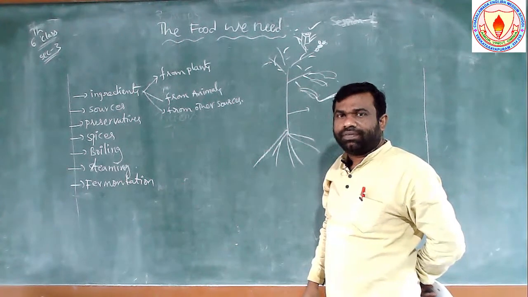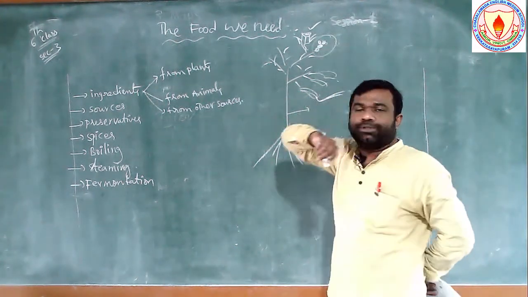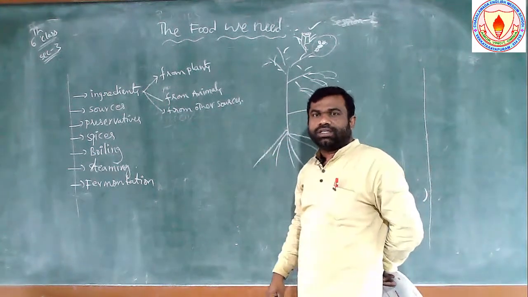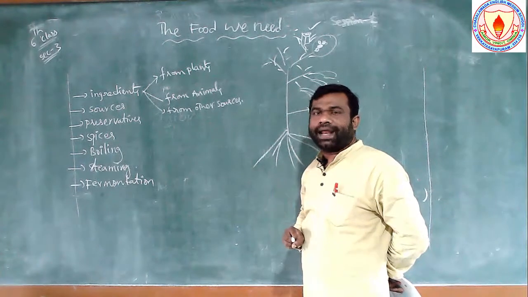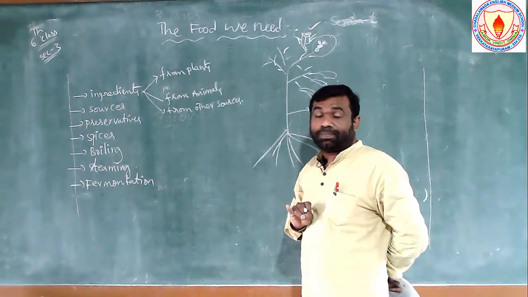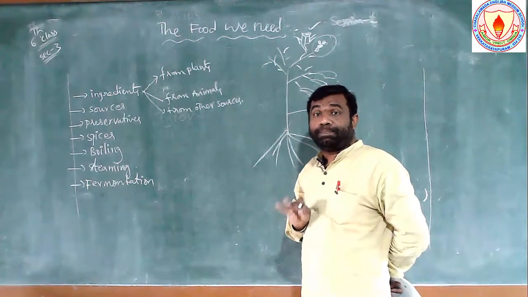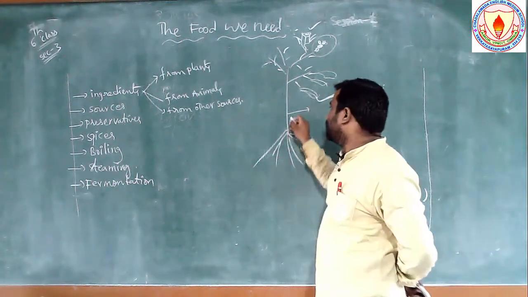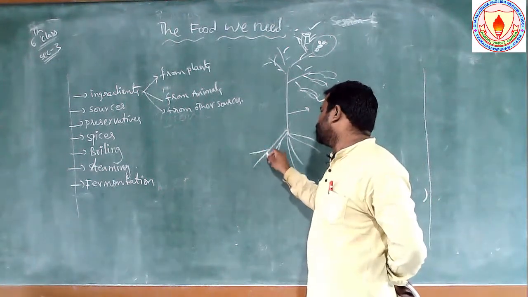That also we are using. And some fruits, apples, grapes, something. So some types of fruits are there. That is one part of the plant. And flowers, that is one part of the plant. And leaves, that is one part of the plant. And stem, that is one part of the plant. And roots.